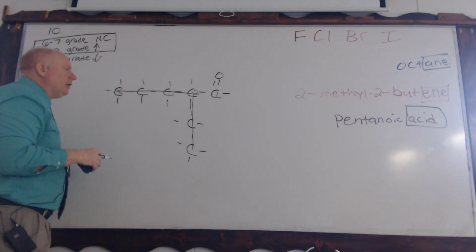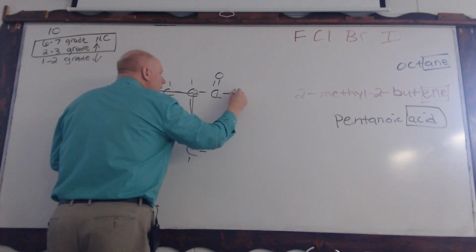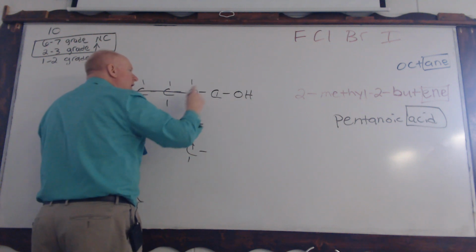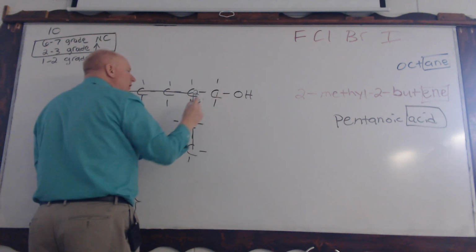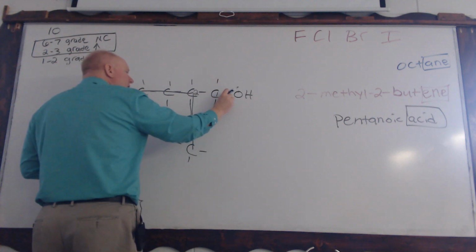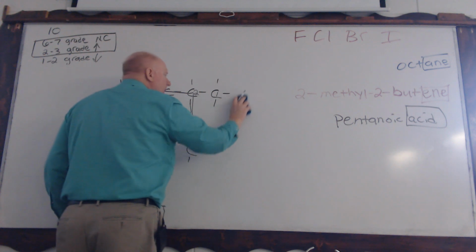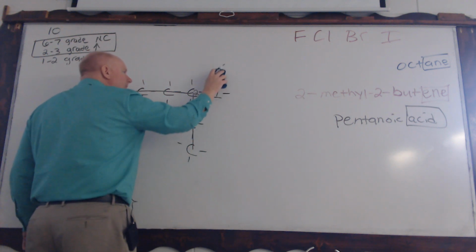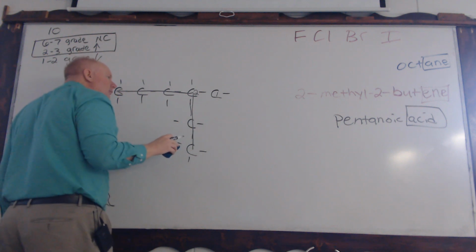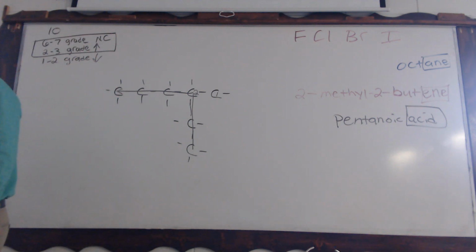Then if that was on there, your organic family is now an alcohol, which doesn't necessarily have to be your first carbon, but we won't do that at this level. So if it's an alcohol, that'd still be our first carbon. All right.